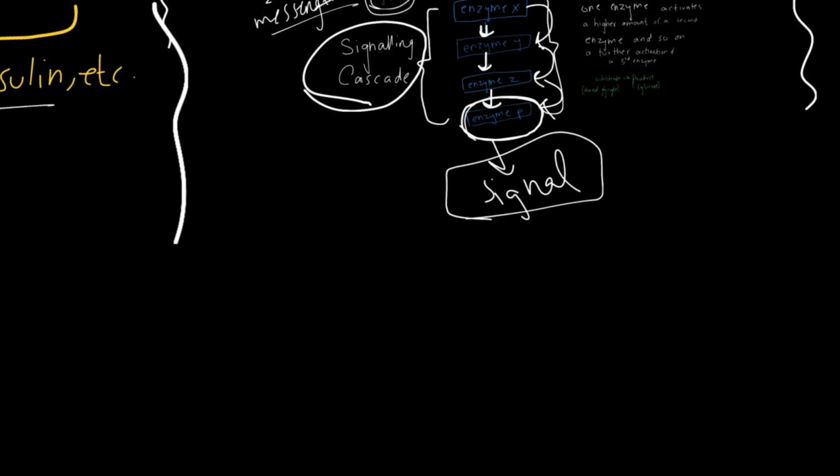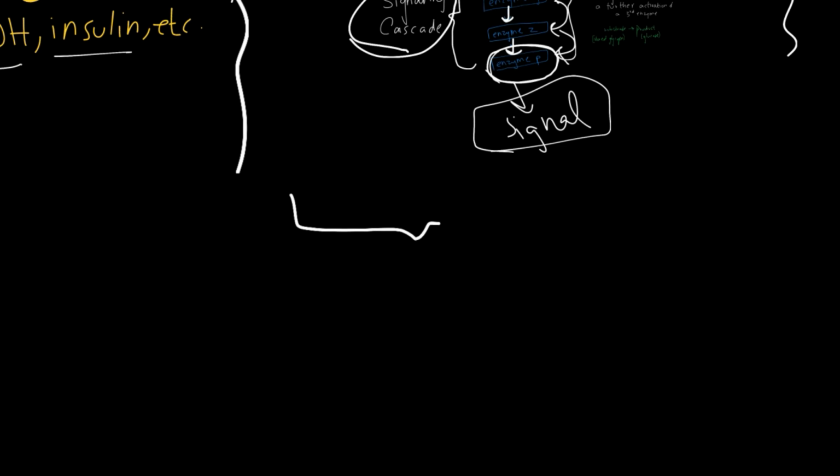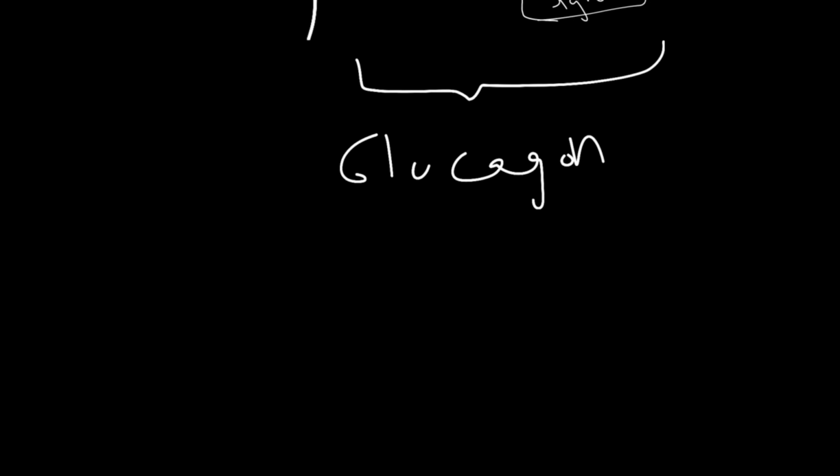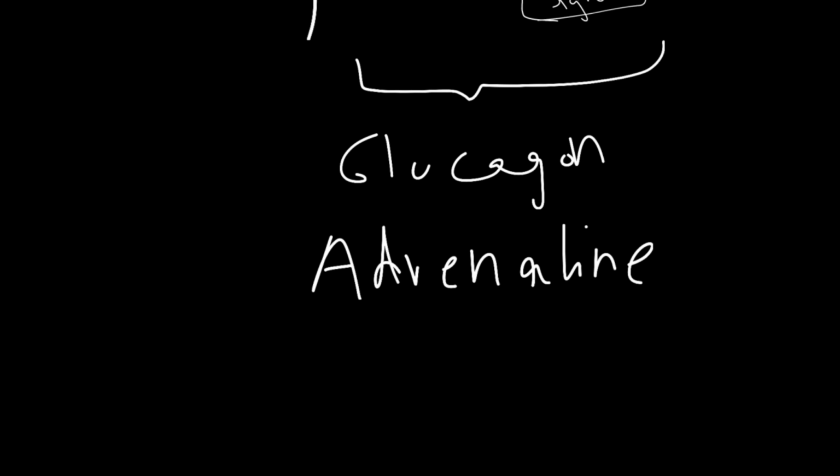Now there are two hormones that we majorly know that work this way. One of them is glucagon, and the other one that we've also studied in O level is adrenaline. These two work as a second messenger system.